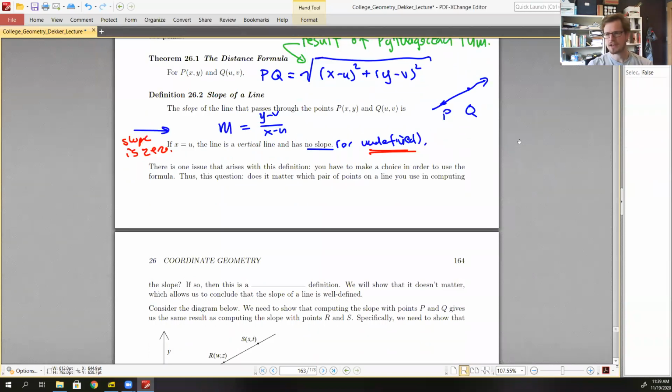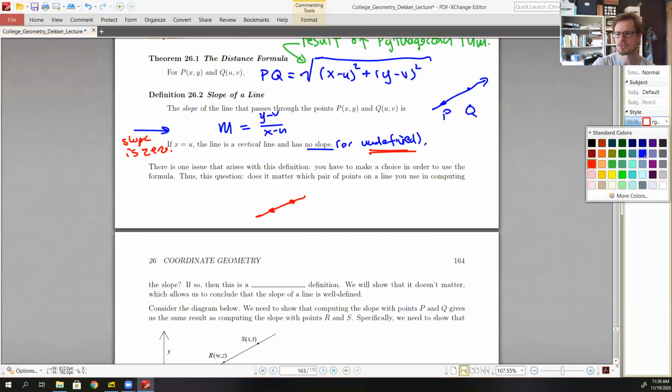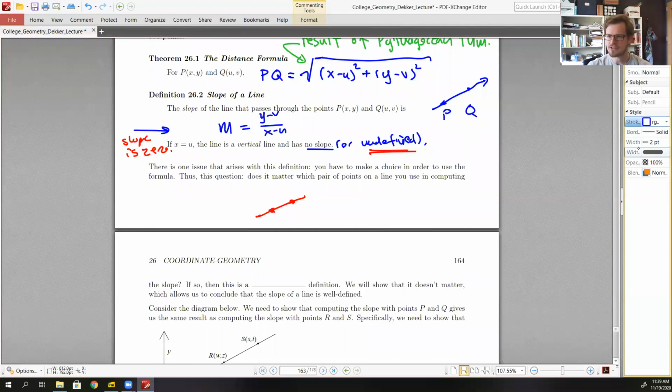All right, so when we're finding the slope of a line through 2 points, we're choosing 2 points to find that slope. Does the slope change based on what 2 points we're considering on that specific line? If we have a line and we choose 2 points, does it matter which 2 points we choose? Of course not, we already know that. But can we actually show this? Yes, we can.